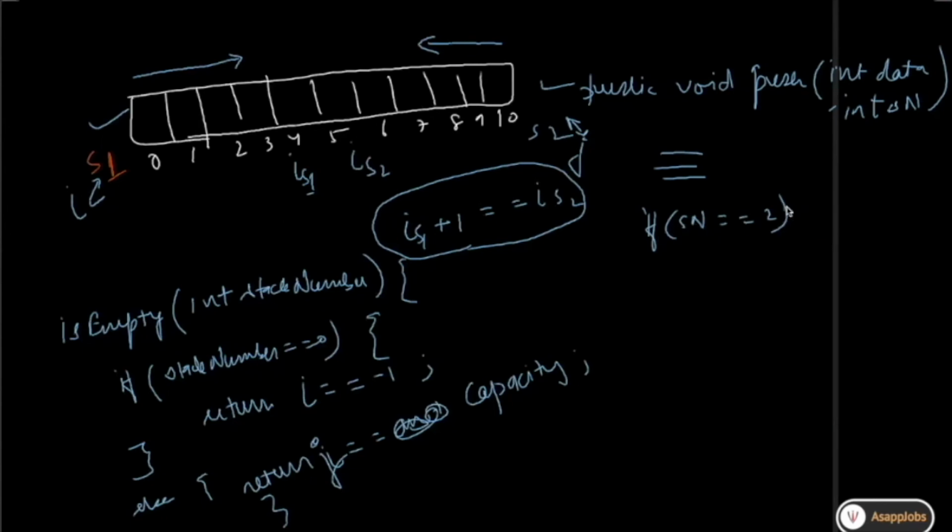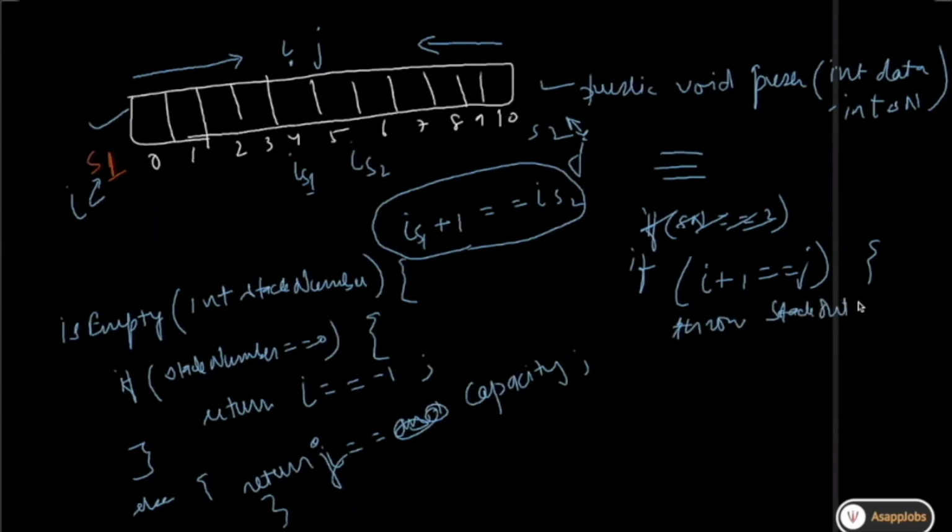If stack number is equal to 2, first of all we'll have to check whether the complete stack is full or not, right? So we'll have to first check if i plus 1 is equal to j. In that case, what it means is i is here and j is here, so it is full. So if i plus 1 is equal to j, then I just throw a stack out of bound exception.